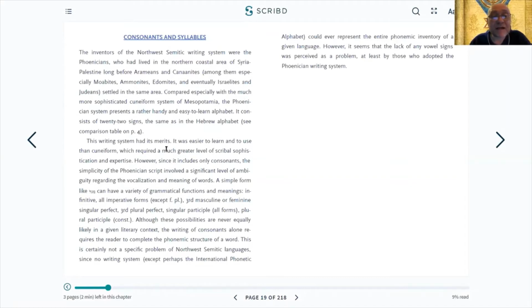This writing system had its merits. It was easier to learn and to use than cuneiform, which requires a much greater level of scribal sophistication and expertise. However, since it included only consonants, the simplicity of the Phoenician script involved a significant level of ambiguity regarding the vocalization and meaning of words.